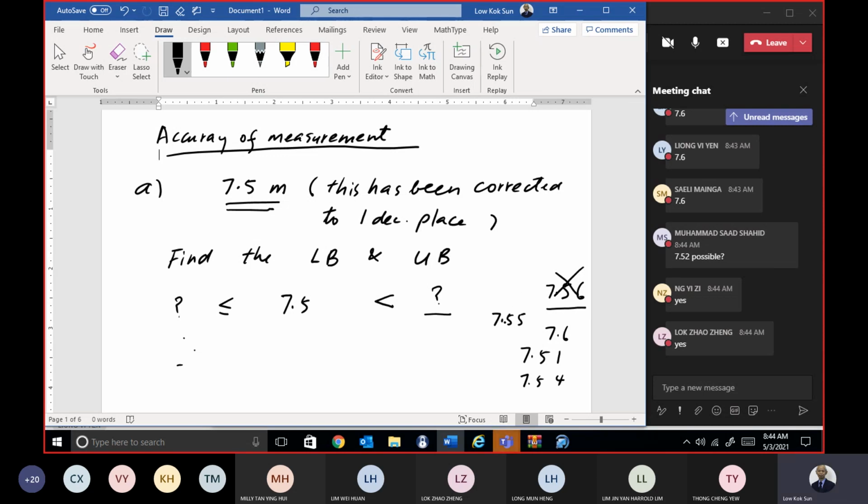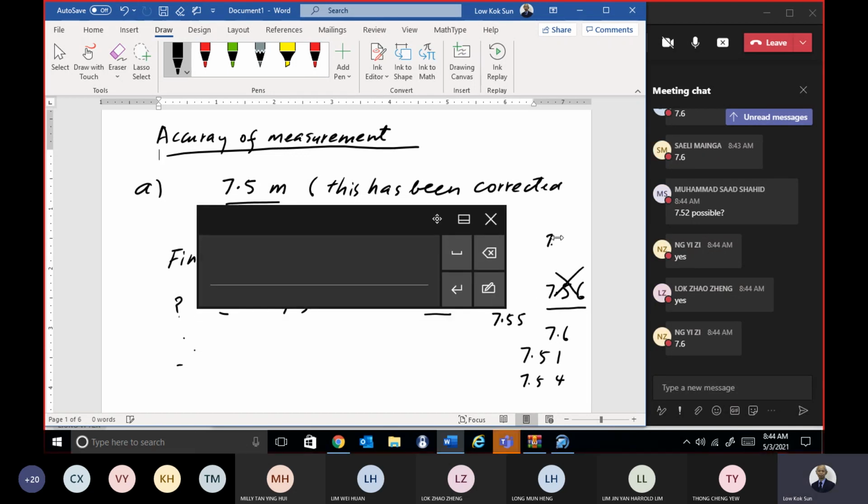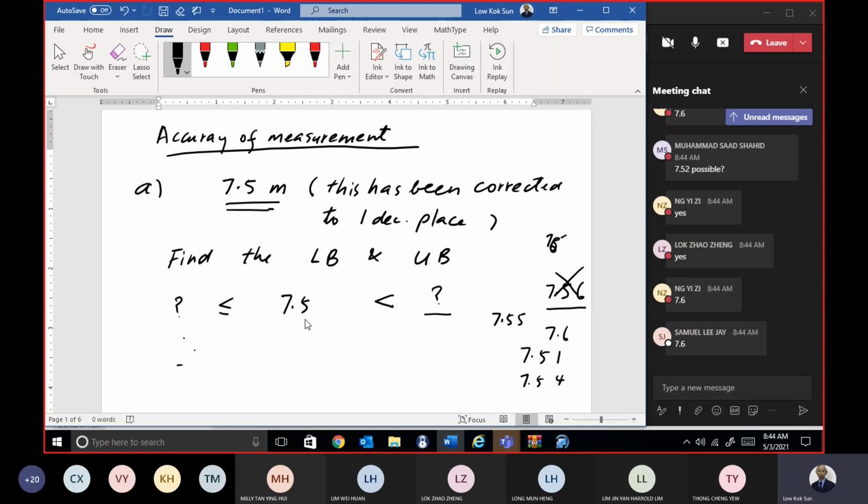It becomes 7.6, right? But ours is not 7.6. Ours is 7.5. So even 7.55 is not acceptable, in theory.